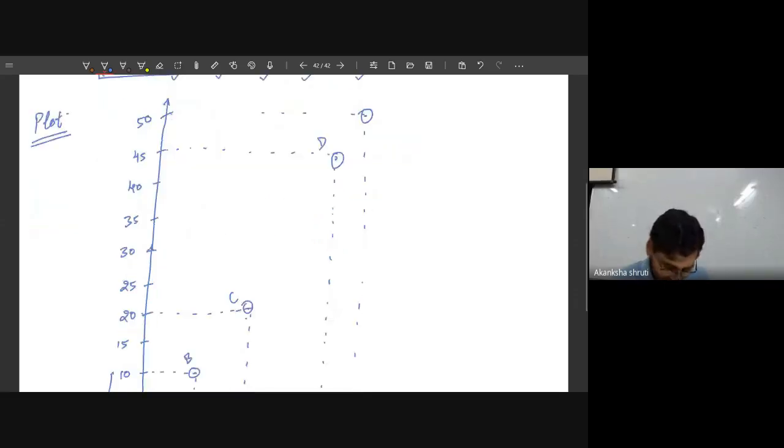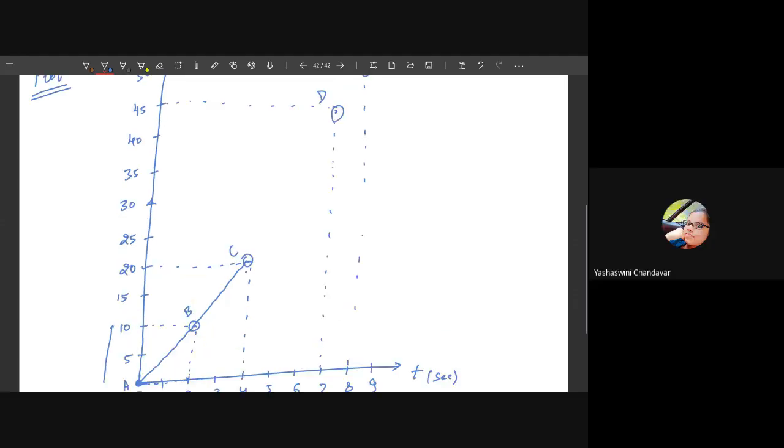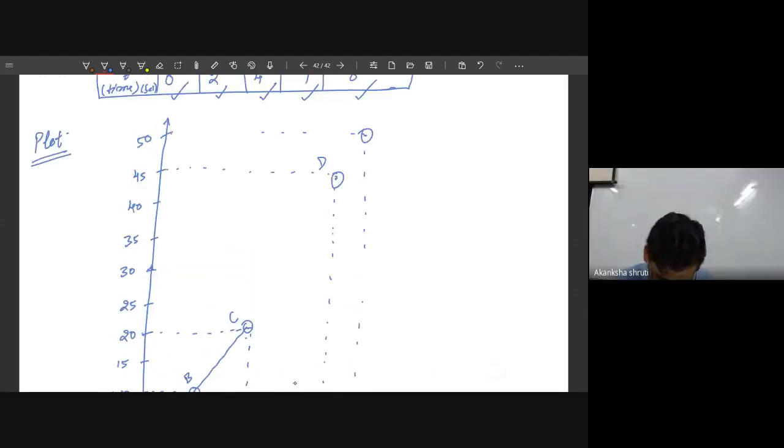Good observation. So at least you have to join whatever falls in a straight line, that much at least as a straight line. I think these three, A, B, C, are in a straight line. Students, yes, they are on the same line. But from C to D, I don't think it will be on the same line, but it is on an increasing slope line. Okay?